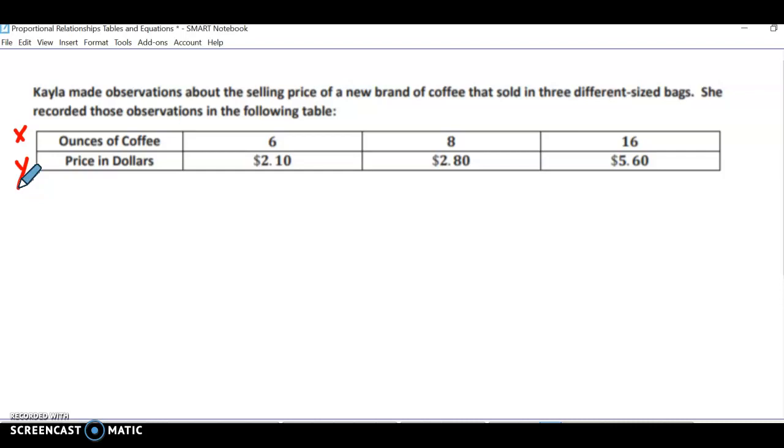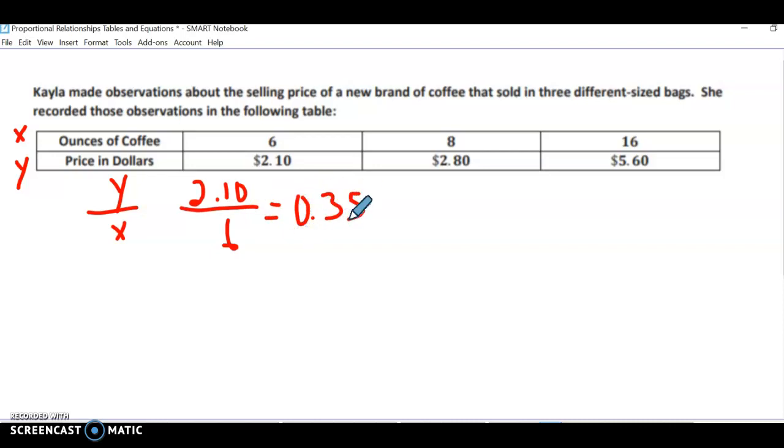And we want to also figure out what y over x is equal to. Okay, so I'm going to do the first one: $2.10 divided by 6, and that comes out to, looks like, 35 cents.